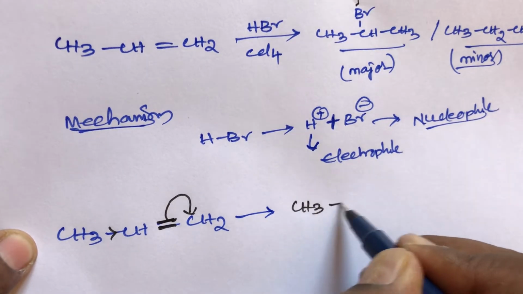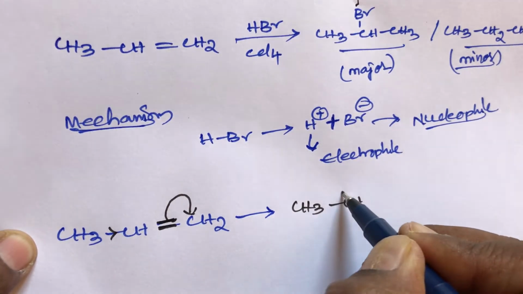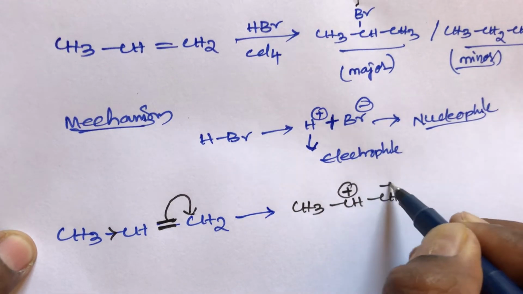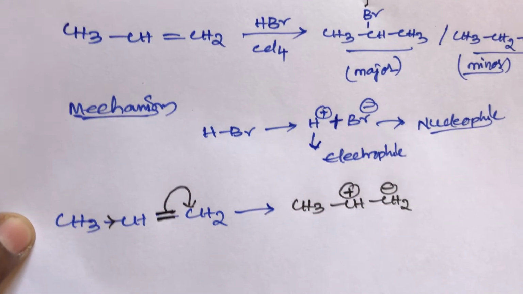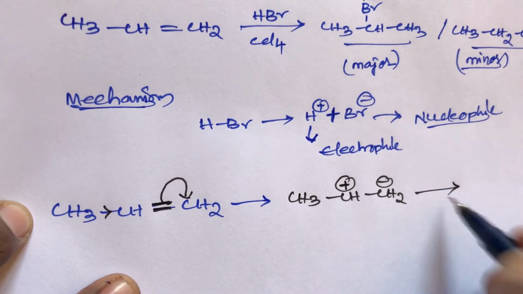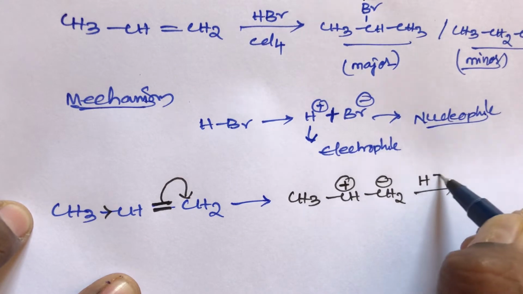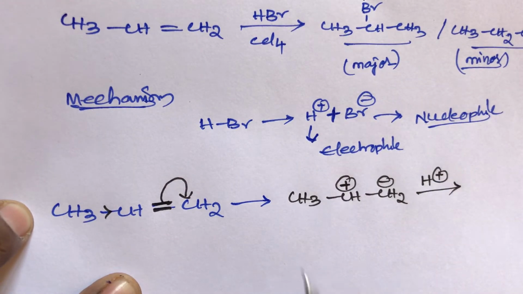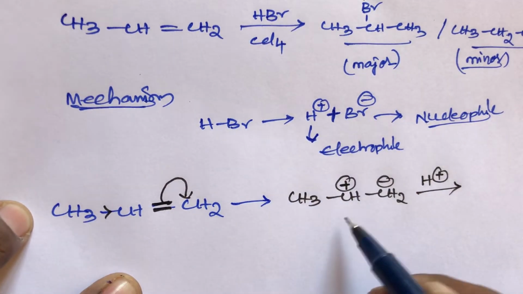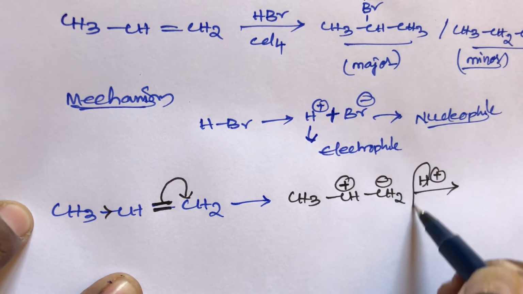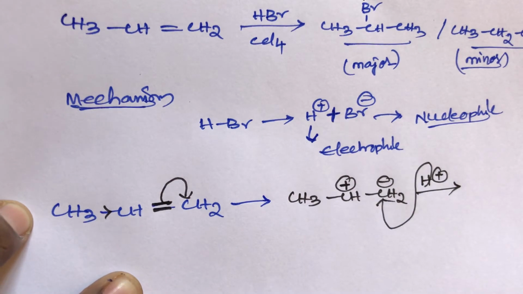CH3-CH plus: this carbon gets a positive charge and the other carbon gets a negative charge. In electrophilic addition reaction, the first attacker is the electrophile. This H plus is the electrophile, and it will always attack the negatively charged side.